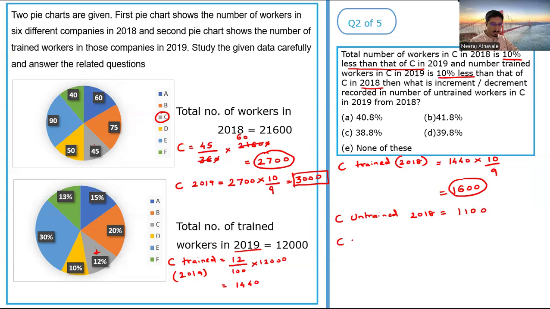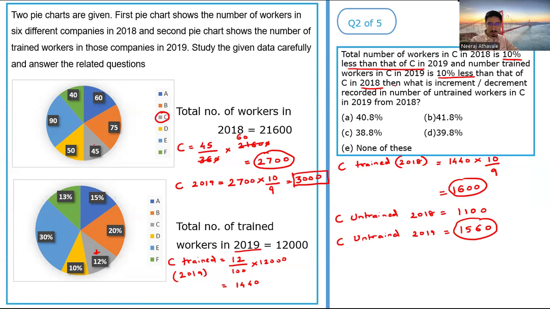Now C untrained in 2019. Total is 3000, out of which 1440 are trained. That means 1560 are untrained.